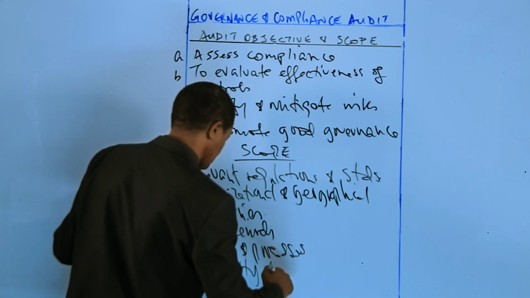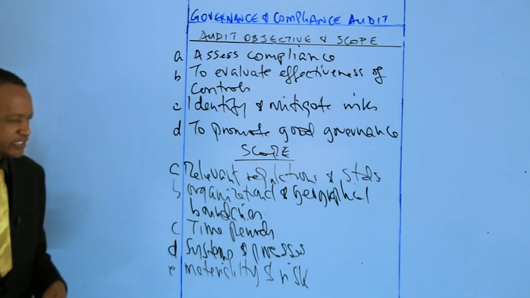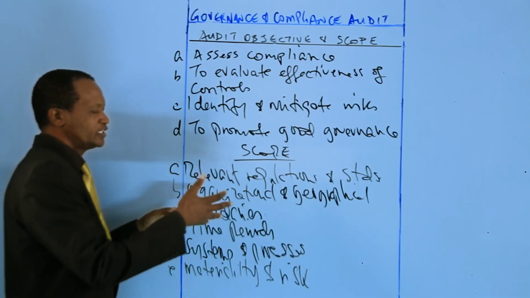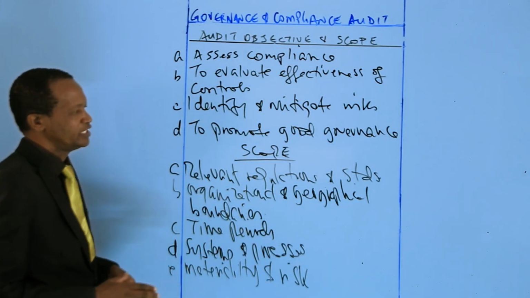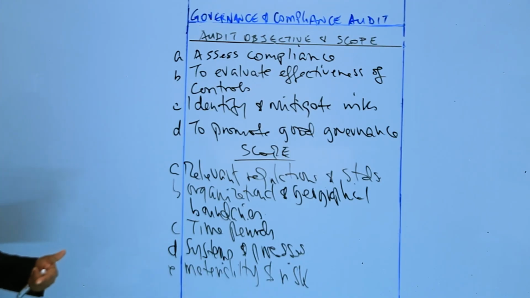So we have here materiality and risk. Those areas that are considered to be risky have to be within the scope of the audit. So when determining the scope of the audit, look at risk. High-risk areas must be included. Low-risk areas may be excluded or subject to less intensive review.